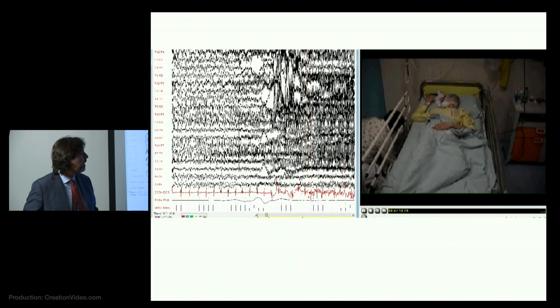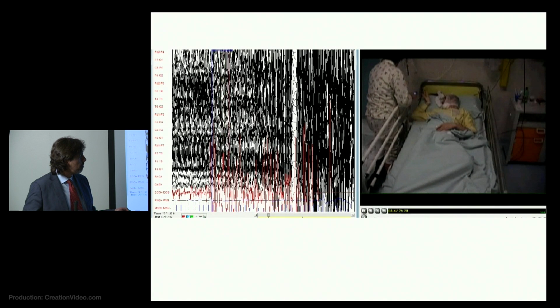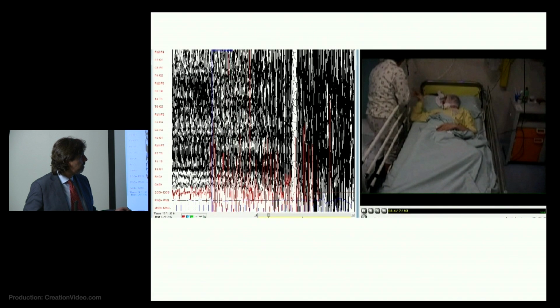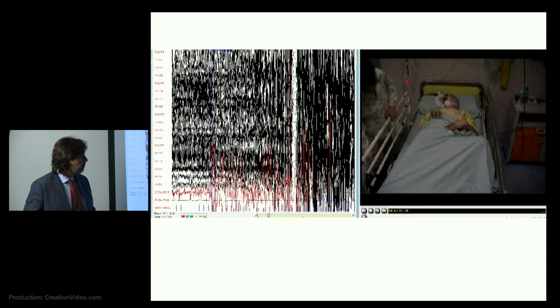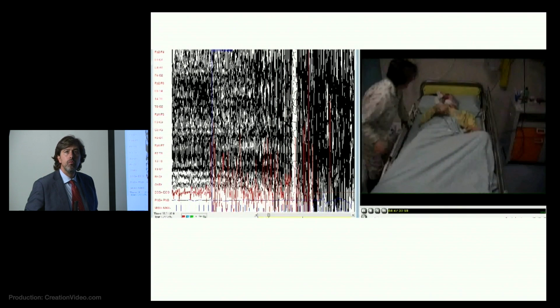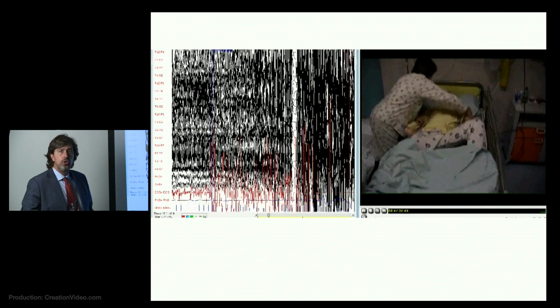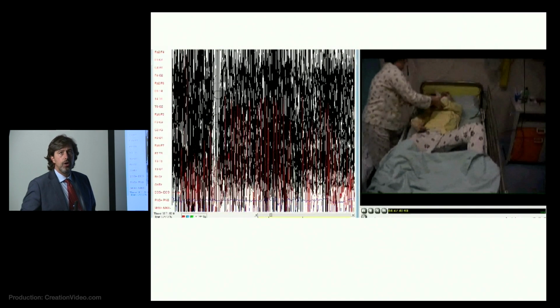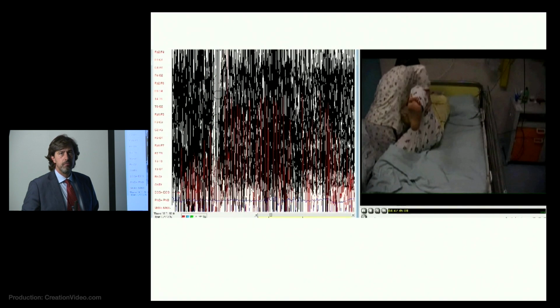And the seizure here is a tonic seizure. You can see this hypertonus starting, and you have a left hand posturing and left leg hypertonus. It is then followed by secondary generalization.